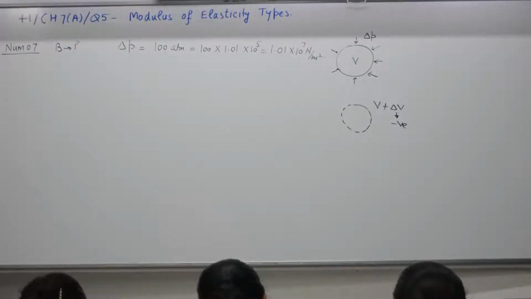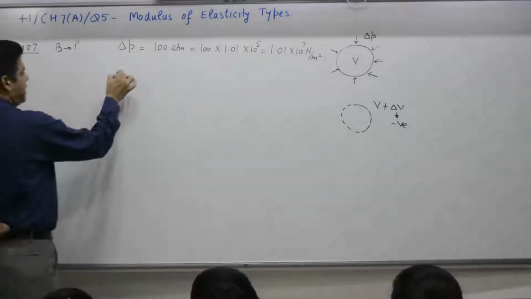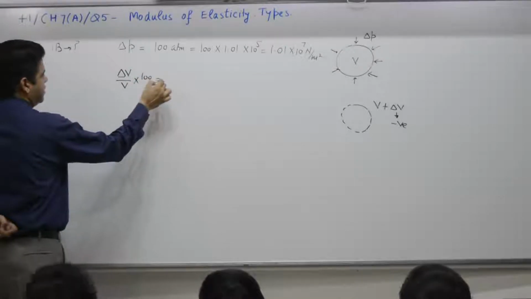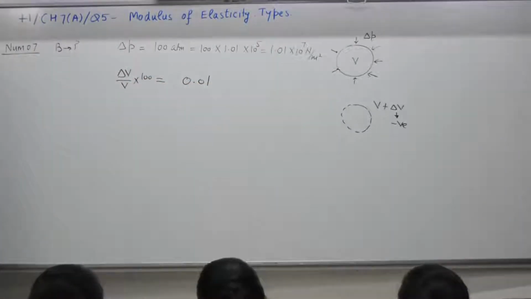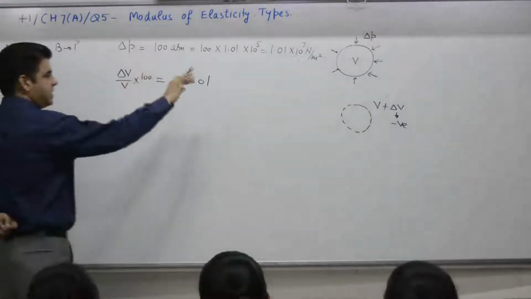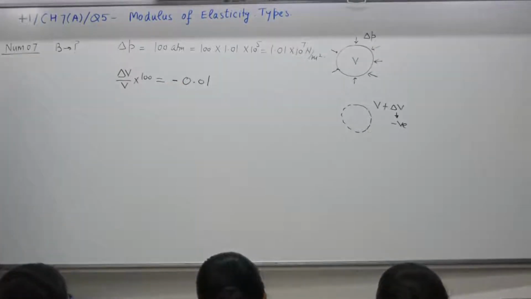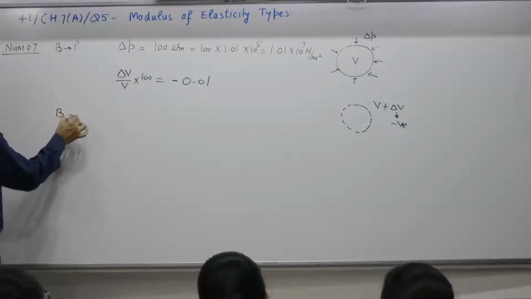Percentage change in volume, how do you write this? 0.01% means delta V by V into 100 is equal to 0.01. If the volume decreases, you can write this as minus. As per definition, bulk modulus is equal to what?